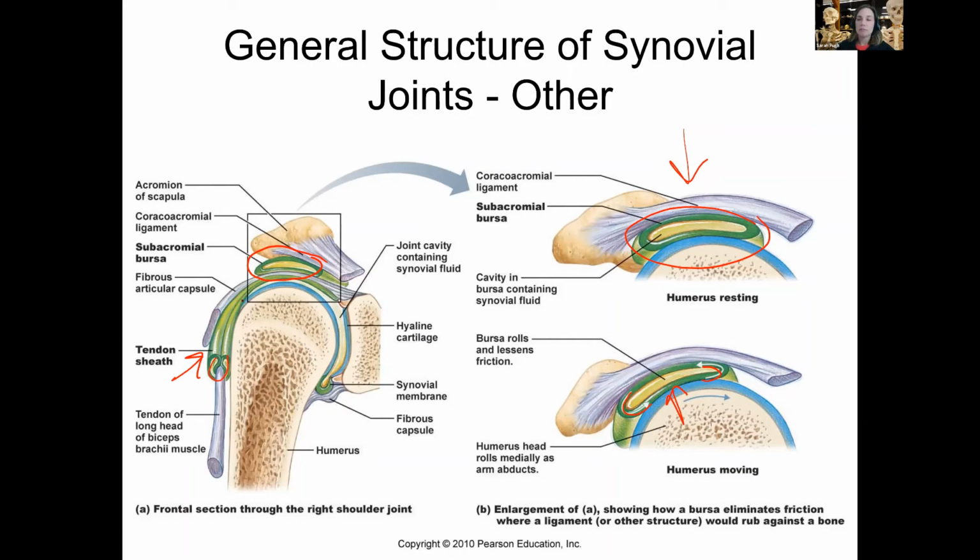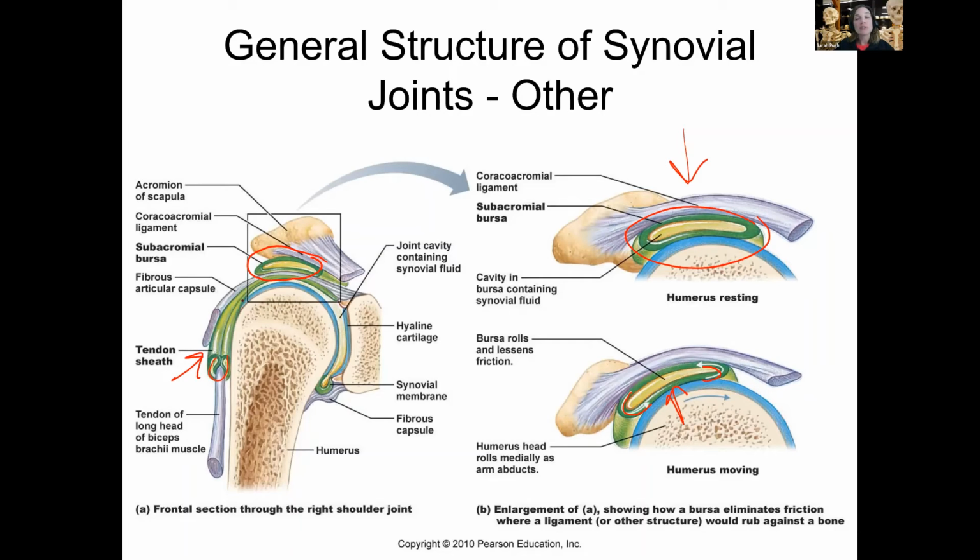Now, you might be familiar with bursa and tendon sheaths because you may have heard of something called bursitis. Remember, itis is inflammation, so bursitis is inflammation of the bursa. If that little marble gets swollen, it's not reducing friction, it's now generating friction. So usually you'll have a lot of pain when you start moving that joint.